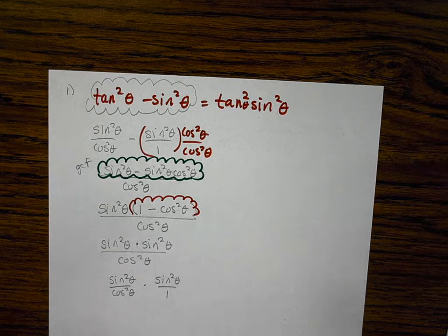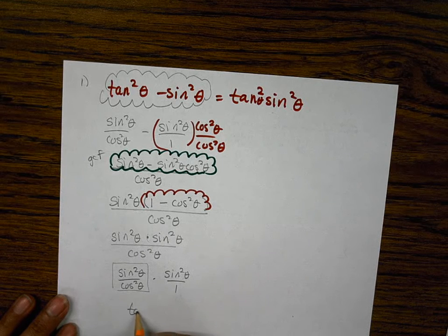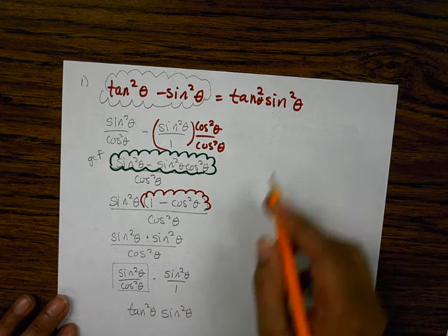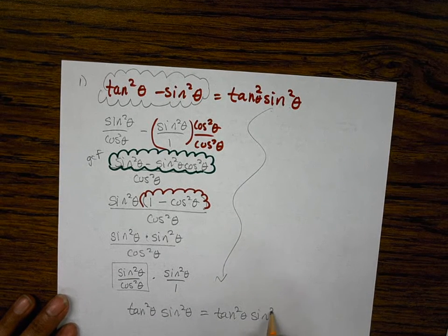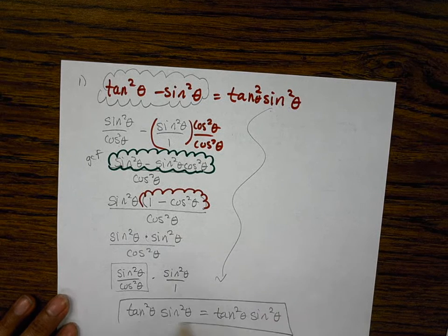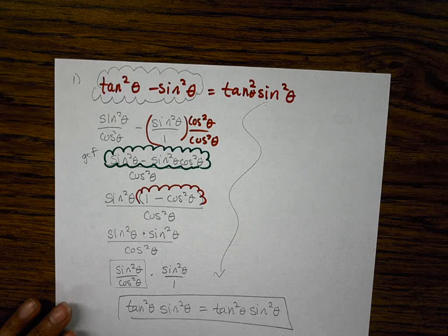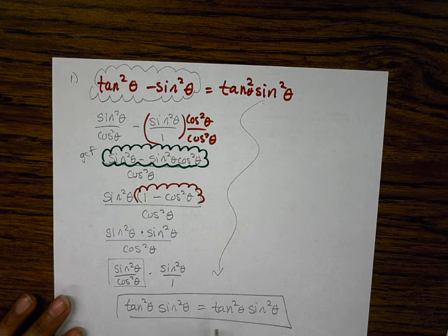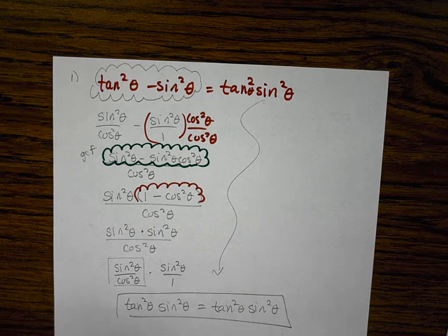And I'm hoping you can see that sine squared over cosine squared is indeed tangent squared theta times sine squared theta, which is what we were trying to get. And don't forget, you box in not your answer, but saying that you are done with the problem. Tan squared theta times sine squared theta.